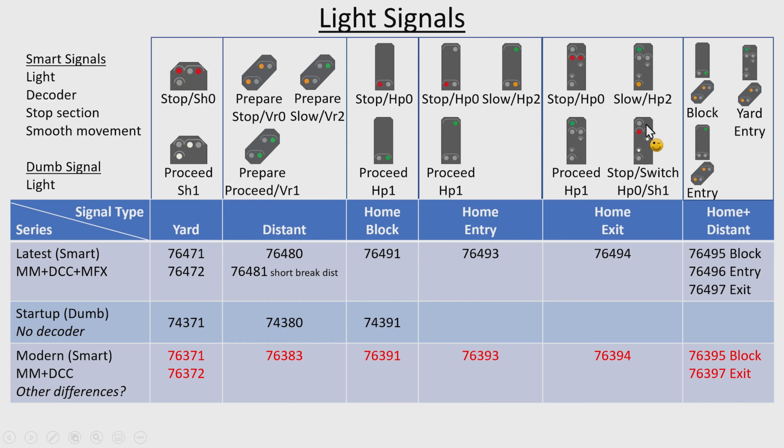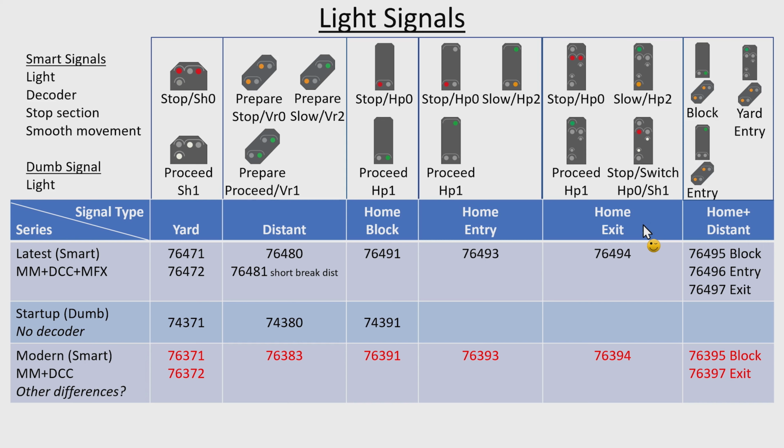Then we have the signal over here, which is the home exit signal. So the home exit signal is typically one you would see when you are exiting train stations or maybe exiting the yard.